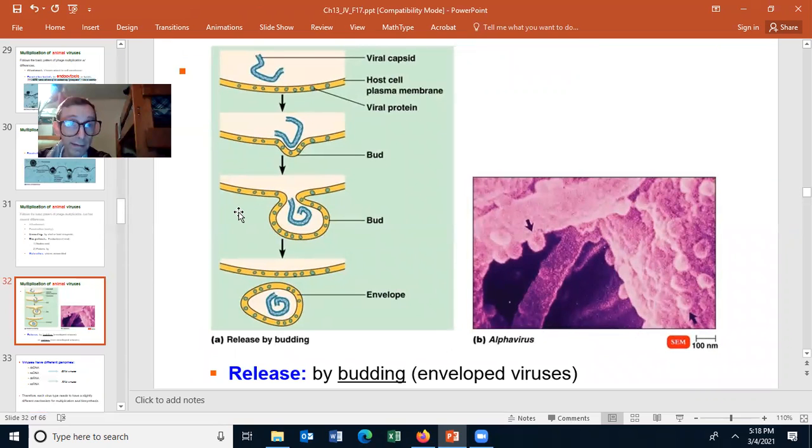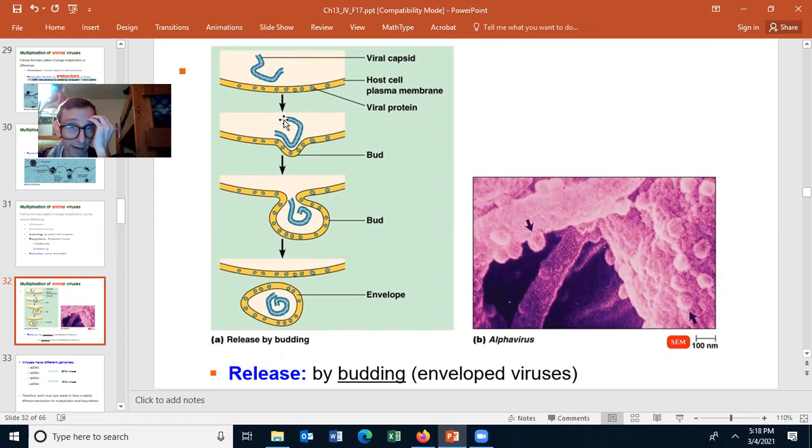You'll notice that in this membrane here, here's a regular part of the membrane. It's yellow. And then right here, you'll notice that there's blue things in the membrane. Those are viral proteins that the virus has transcribed and translated, and then the viral proteins go into the membrane.